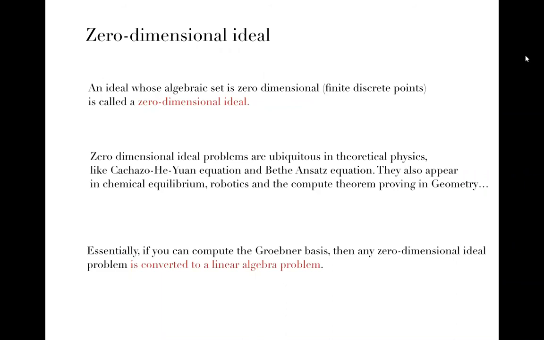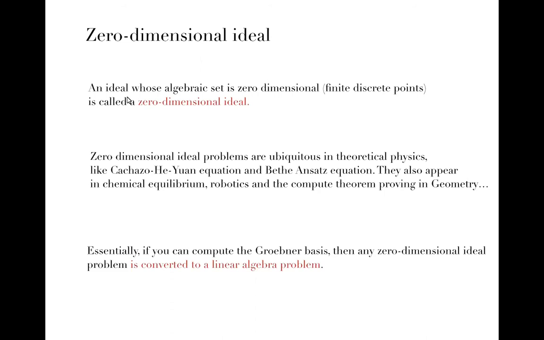Also in other subjects, chemistry and robotics, you find systems with a finite number of solutions. That's quite important. It's also quite simple, because with algebraic geometry you can convert this zero-dimensional ideal problem to a linear algebra problem. So if you can do linear algebra in an efficient way, then all these things are solved. Note that this ideal could be a very high dimensional ideal, but don't worry about that.